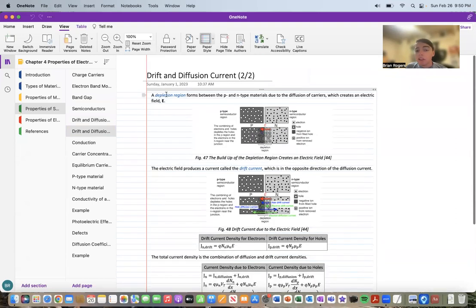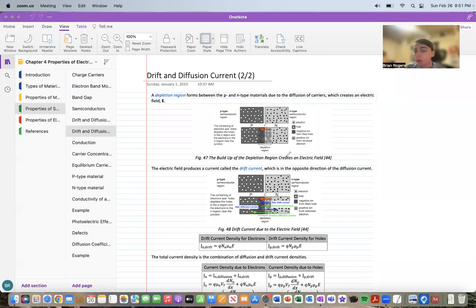So the depletion region, like we talked about, is going to happen because of the diffusion of charge carriers across the p-n junction, which creates an electric field because of the charge difference at the depletion region of positive ions and negative ions. And so the buildup of that electric field is going to create a drift current.